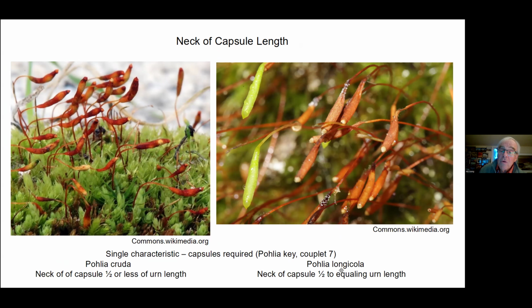But if you go over here and look at Pohlia longicolla, where the neck of the capsule is supposed to be half to equaling the length of the urn, it's really hard to see where that is. Where does the neck begin and end? So some of these characteristics are kind of hard to see. Maybe in a different illustration, they would be easier to see. But this is one of the ones that's used to distinguish these two species.